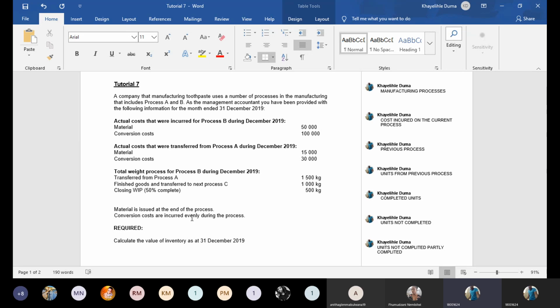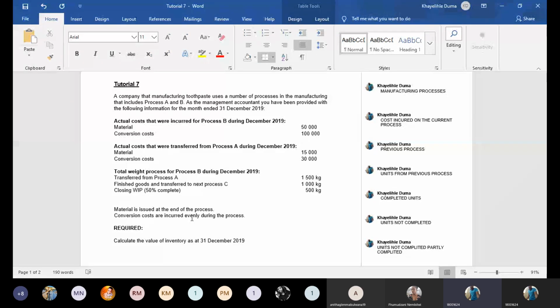Obviously, you have to be working throughout. So conversion costs are going to be applied. If you are incurring overheads of heat or electricity, you're just going to apply them throughout. So it doesn't change. It's only materials that can change, and then they tell you that it's applied at the beginning of the process. But conversion costs, they'll just be applied throughout the processes.